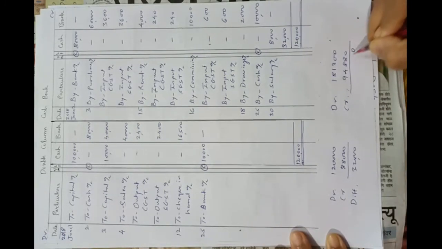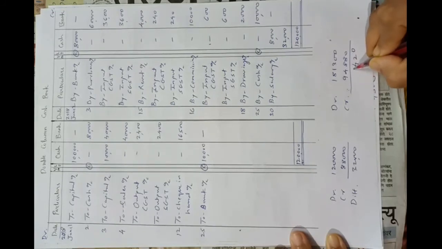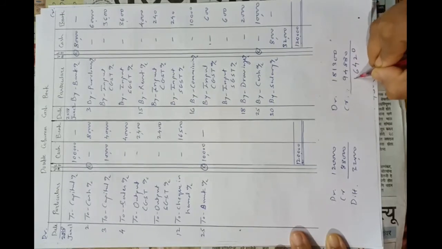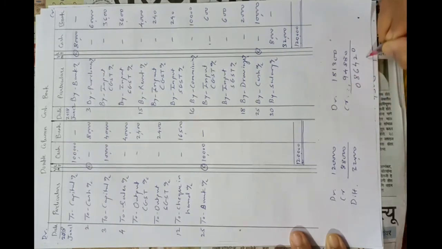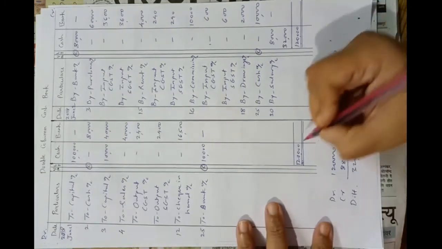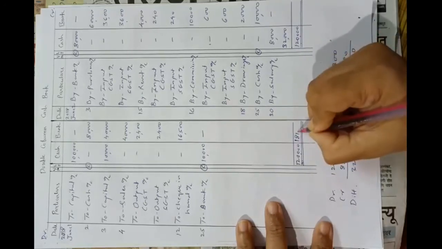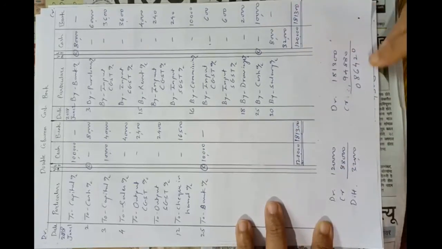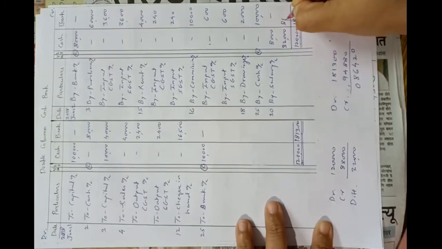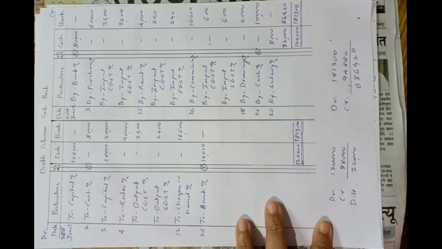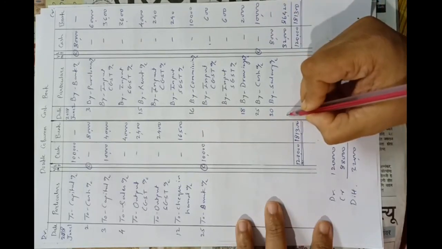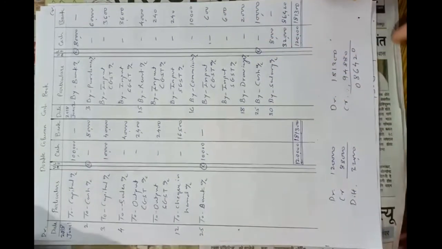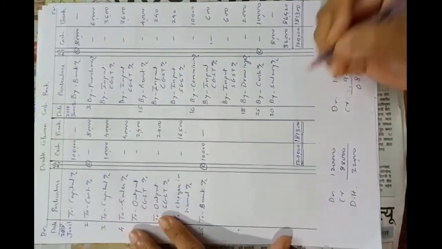So the difference is 86,420. So 1,81,300 and the balance is 86,420. Okay.